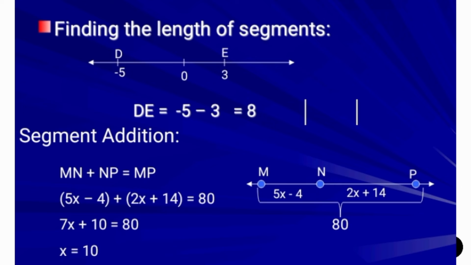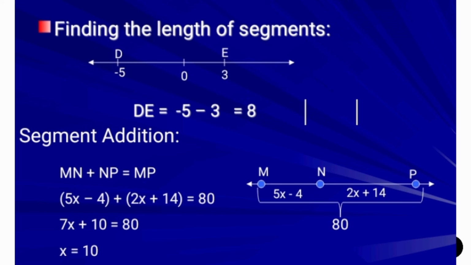Another example using the segment addition postulate. We have here MN plus NP equals MP. Our MN is 5x minus 4, NP is 2x plus 14, and MP is 80. So 5x plus 2x is 7x, and negative 4 plus 14 is positive 10, which equals 80.